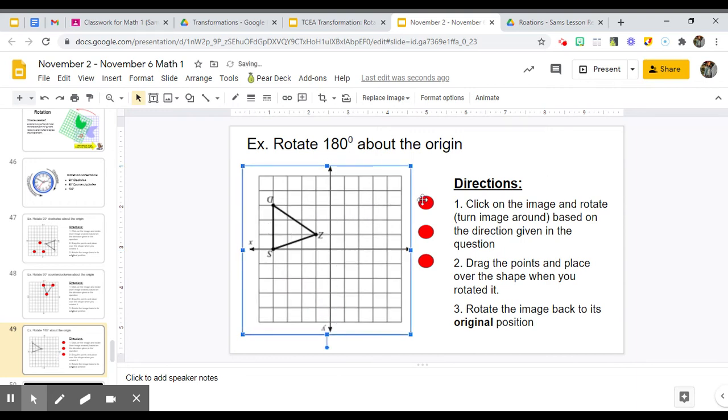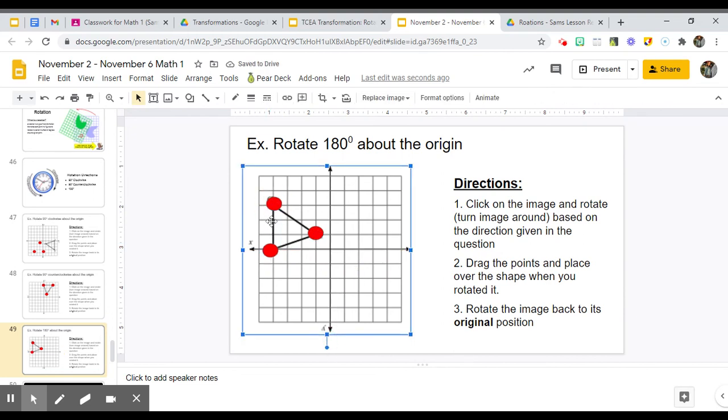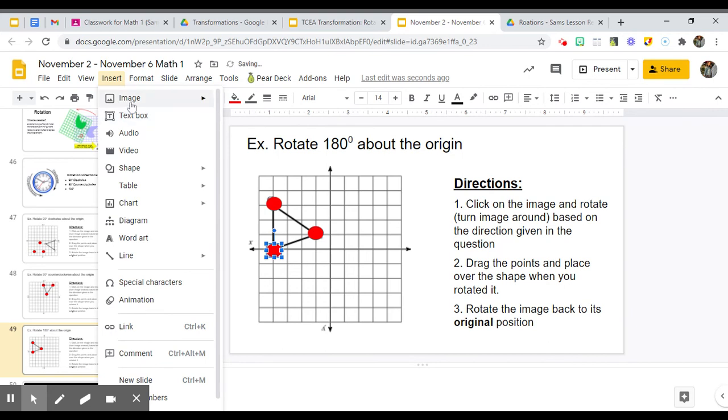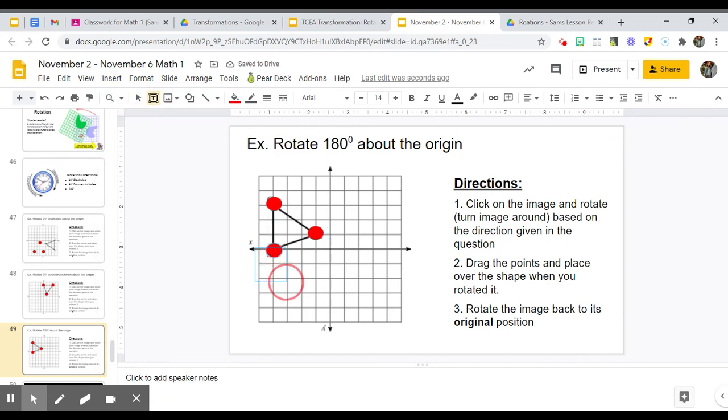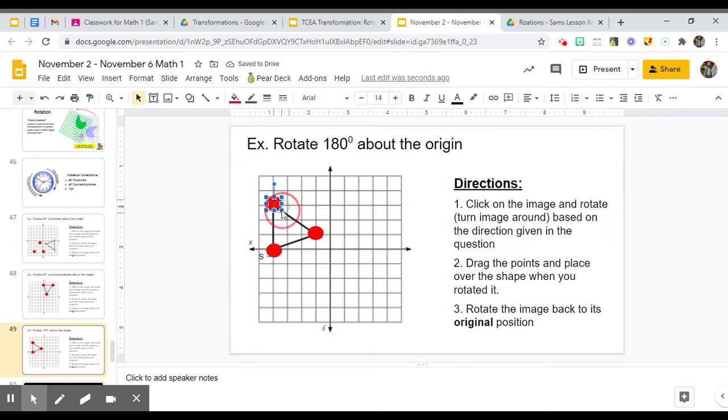So the direction for 180 degrees doesn't specify clockwise or counterclockwise, because either way you're going to get the same figure, just upside down. So I'm going to drag my points in there. Okay. If I wanted to label them, again, you could if you wanted to. That was S. But again, not something that you have to do.